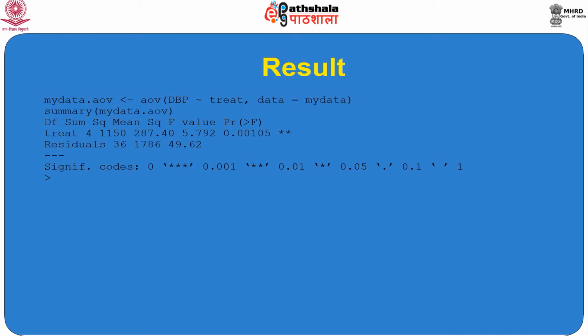So it shows that the treatments had a diastolic blood pressure difference, a therapeutic effect difference, but it is very difficult to find out which treatment was different in comparison to the others, or whether all the treatments were different from each other. That is difficult to state from this result.